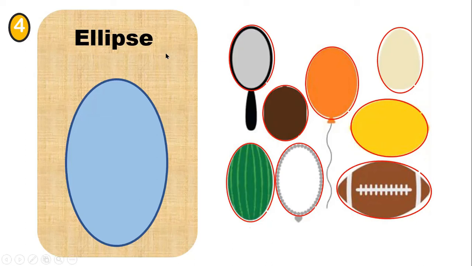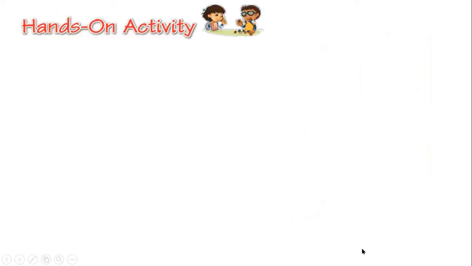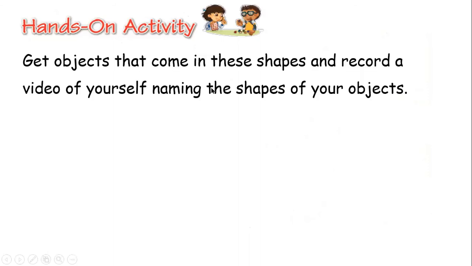Ellipse. All right. Okay. Now we will do a hands-on activity. So what I want you to do, get objects that come in these shapes and record a video of yourself naming the shapes of your objects. Okay?